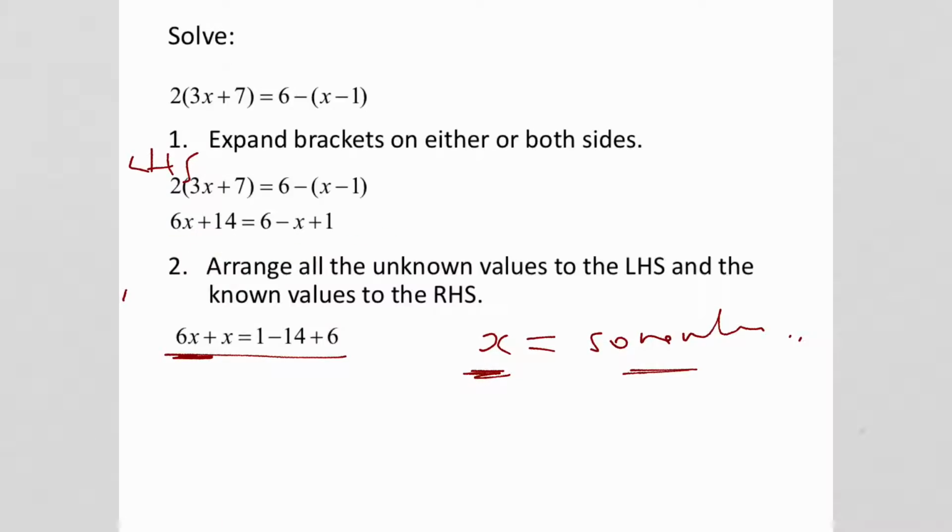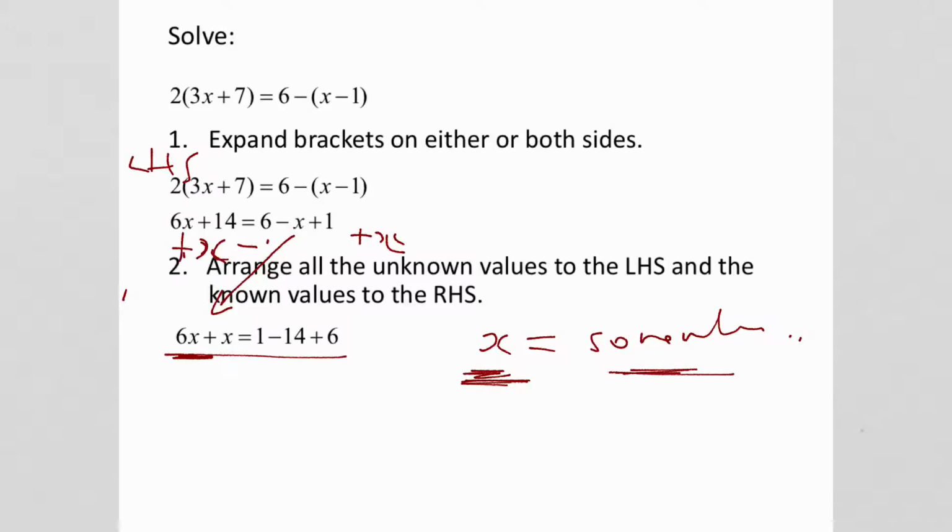Moving on to the other side, we've got a number 6, which is on the right-hand side, so that belongs there. We've got a negative x, and the negative x needs to go on the left-hand side, so I bring it over to that side. Again, what I do to one side, I do to the other side. So I add x on this side, and x on that side.